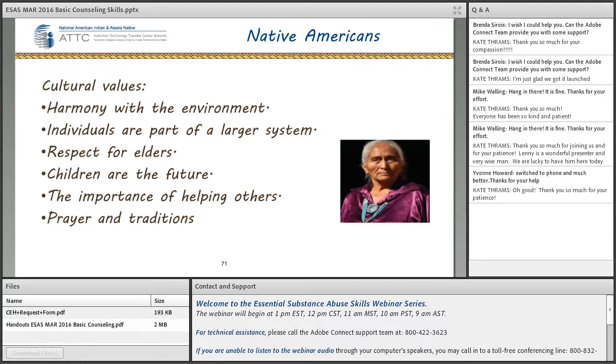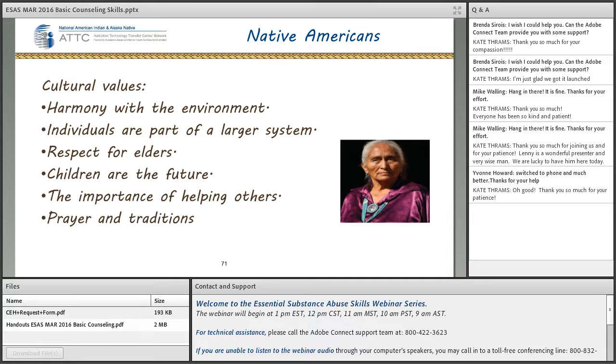Elders are respected for their knowledge and wisdom. There is respect for those who have lived and experienced, and they are valued even more in their elder years for what they can teach us. Children are the future. They are seen as sacred and are to be protected and supported. It is important to realize that there are cultural differences in how this support is shown and taught.